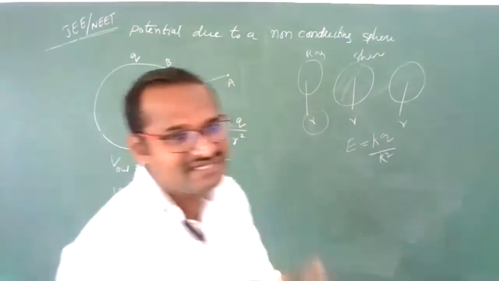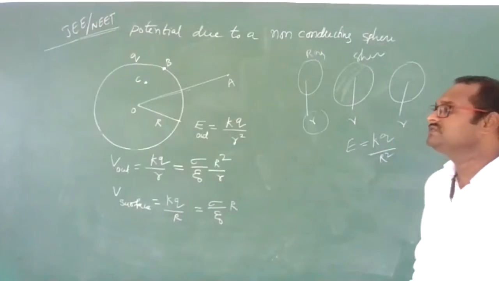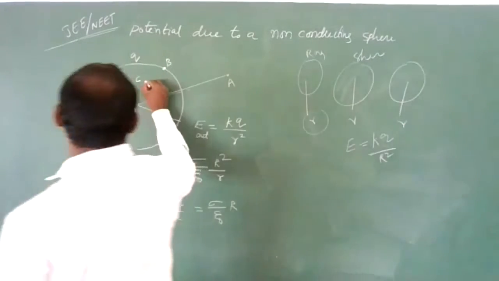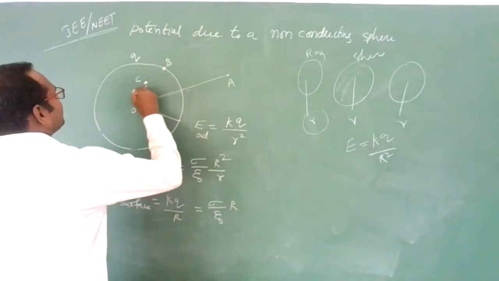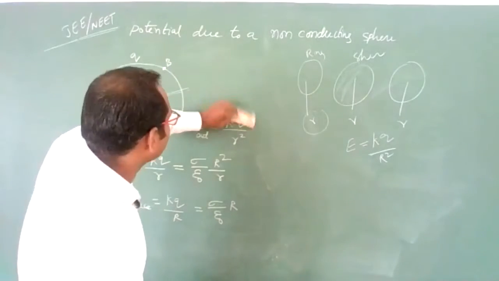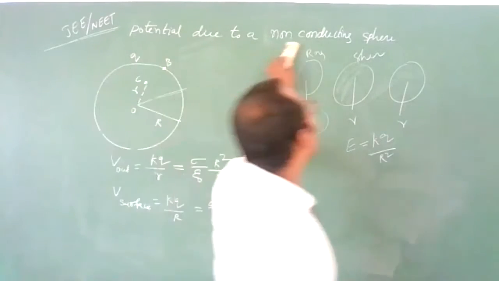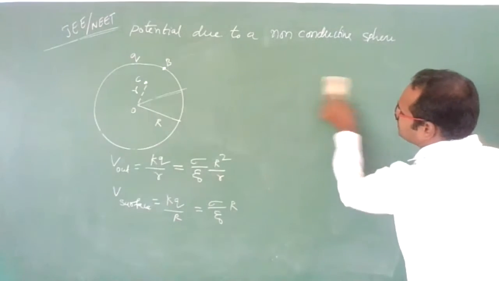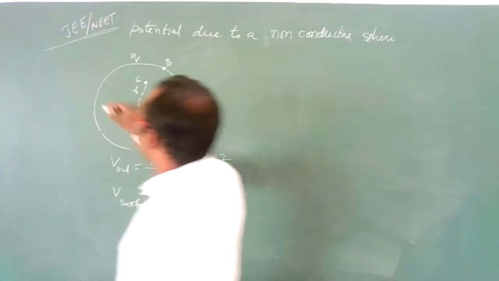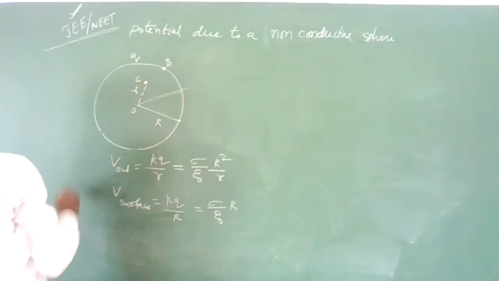Now the only difference is for a non-conducting sphere, inside point. Let us imagine this inside point is at a distance of small r. What will be the potential? It is very important, mainly for JEE students.